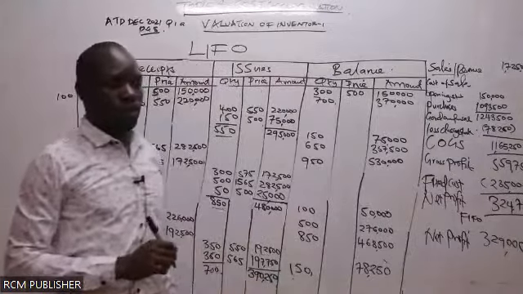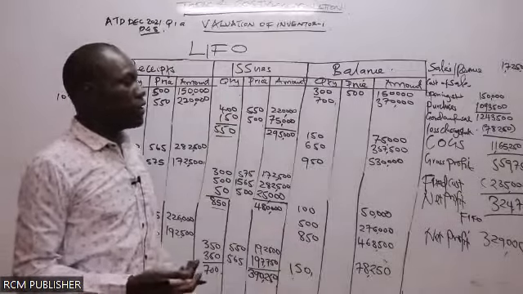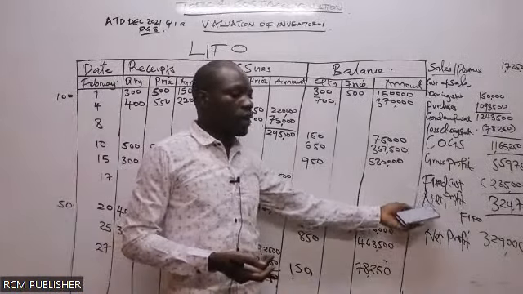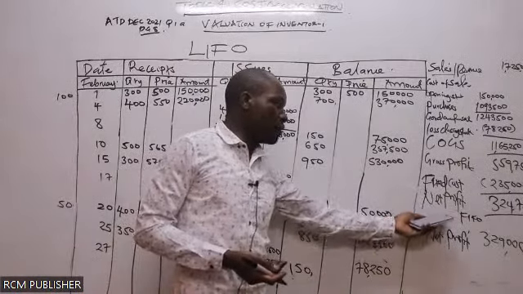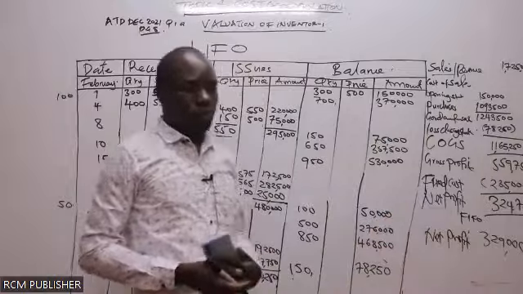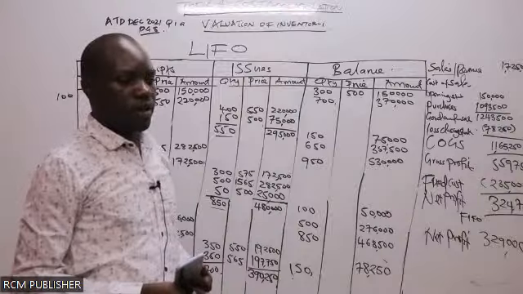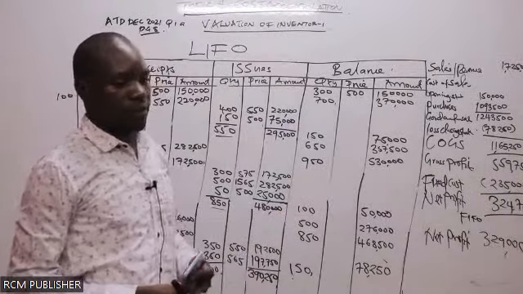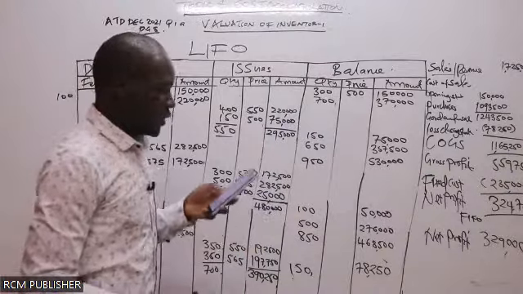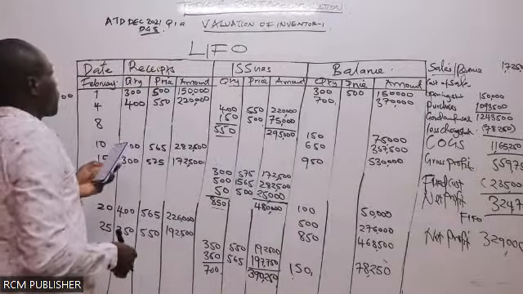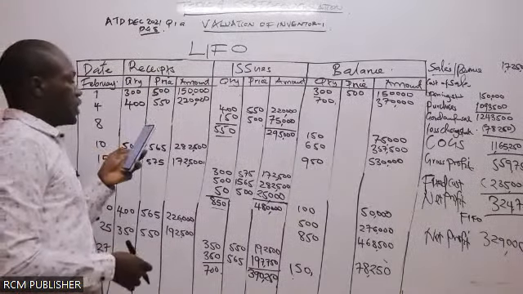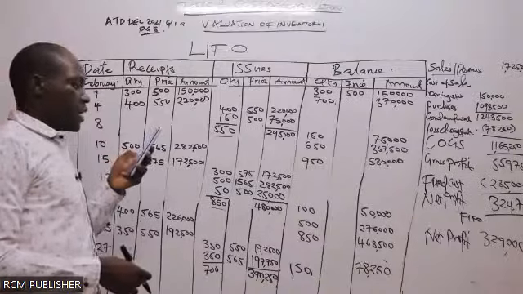In some questions, they will give you fixed cost if they are interested in making you get the net profit. So I was just preparing you for anything that might be tested from that area. Okay, so we have November 2020, question number 1A.